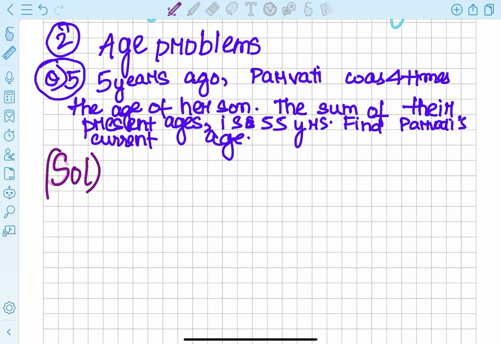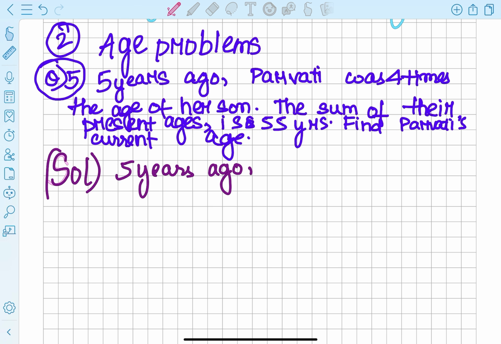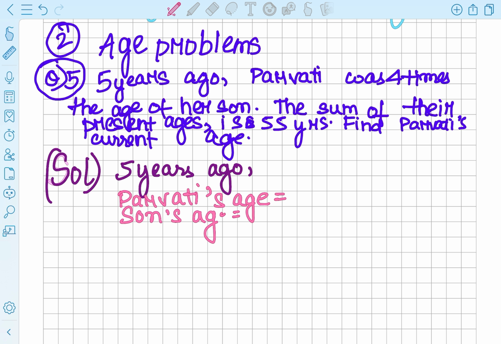So let's say 5 years ago, what is the case? Parvati's age equals something and the son's age equals something. They are saying 5 years ago Parvati was 4 times the age of her son. So if the son is x years, Parvati is 4 times, so 4x years.